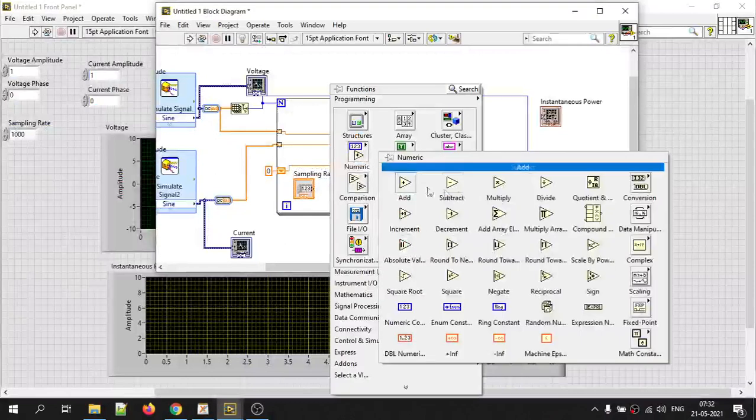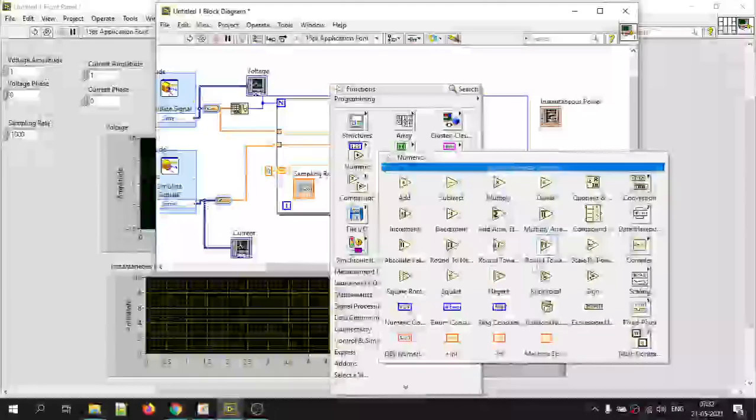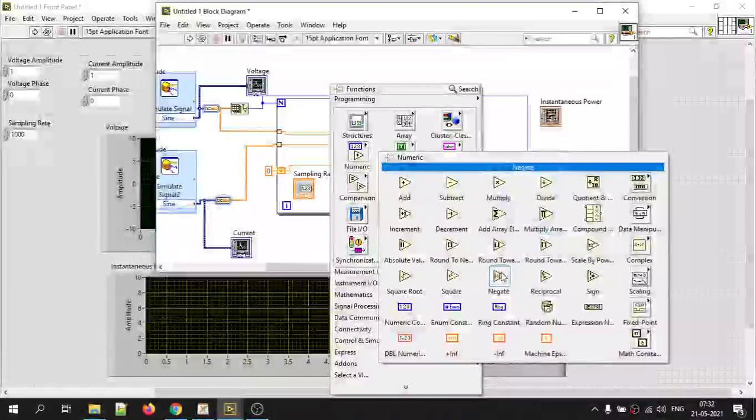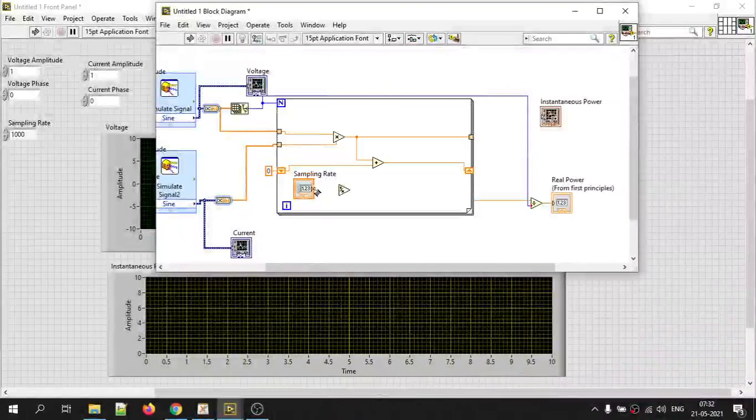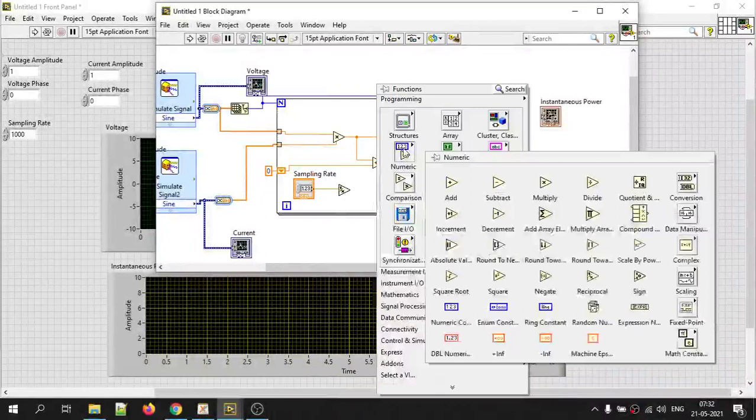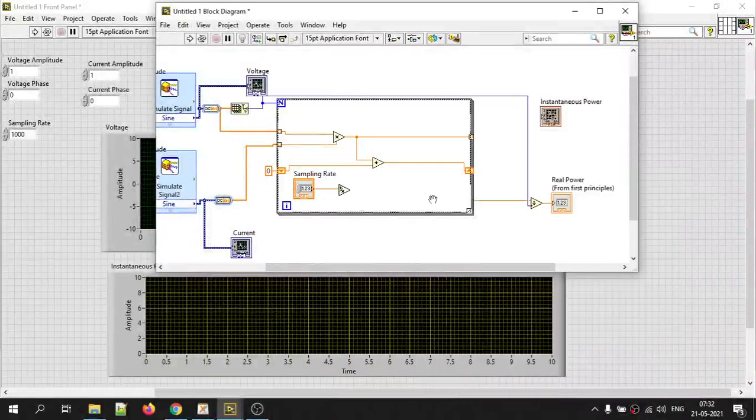So in the x-axis we require time. Okay, so 1 by sampling rate, that is 1 by sampling frequency, will give the sampling period. So let us take the reciprocal of the sampling rate, and the time axis will always be multiples of the sampling period.